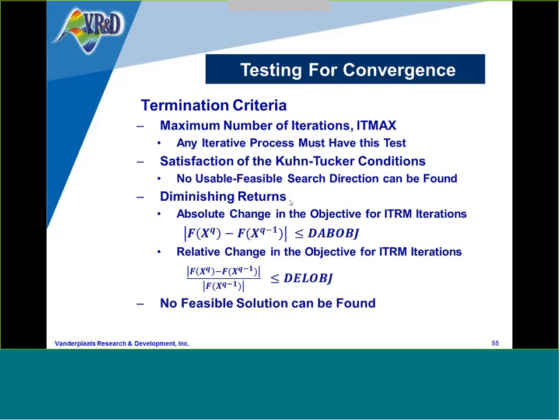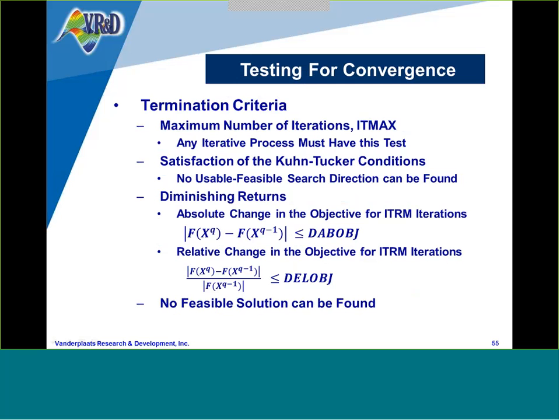Well, how do we know when we've reached an optimum? Well, we always have a max iteration counter because if you have an iterative method, sooner or later it will iterate forever. If you satisfy the Kuhn-Tucker conditions, that is, we cannot find a search direction to improve the design, we can detect that and stop.